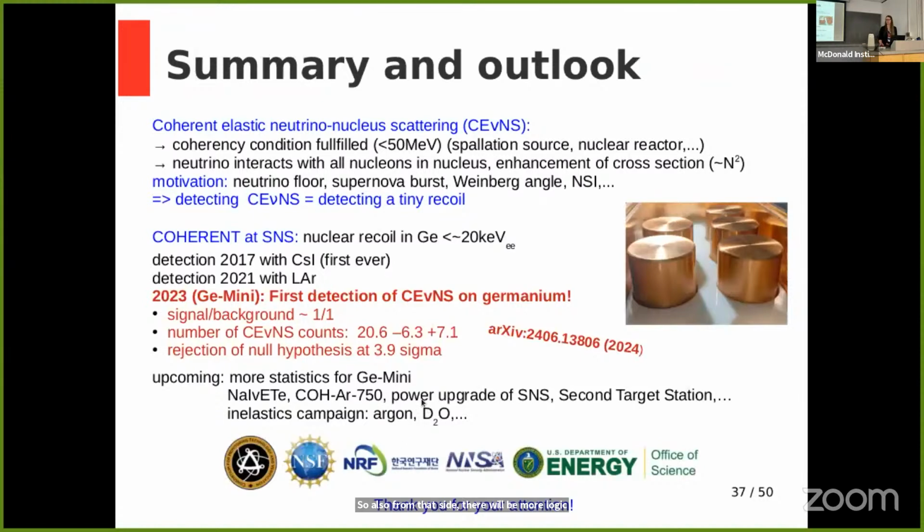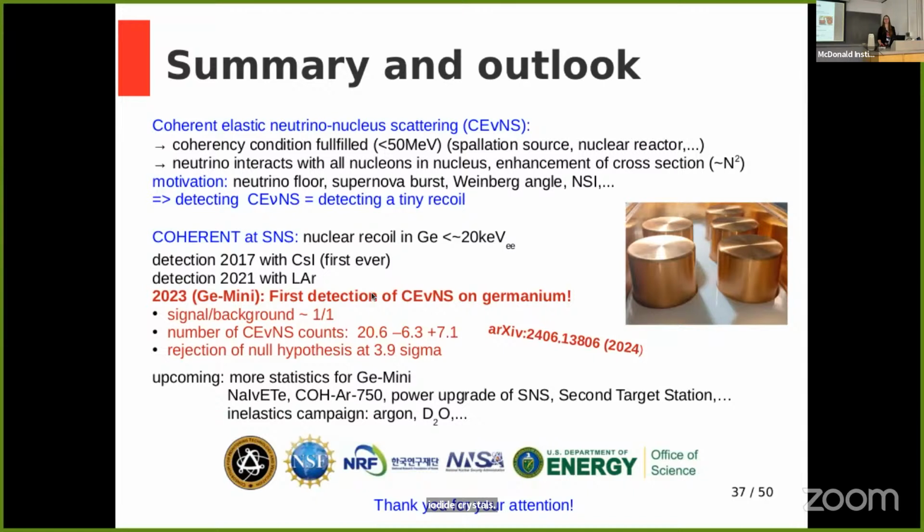So to sum it up, I explained to you what coherent elastic neutrino-nucleus scattering is and why it's interesting to measure it, and how to successfully do this at neutron sources like Oak Ridge. Up to now, that happened 3 times: first with cesium iodide crystals, argon afterwards, and germanium.